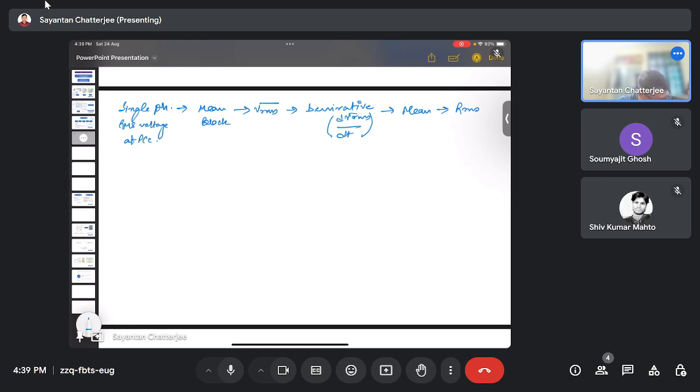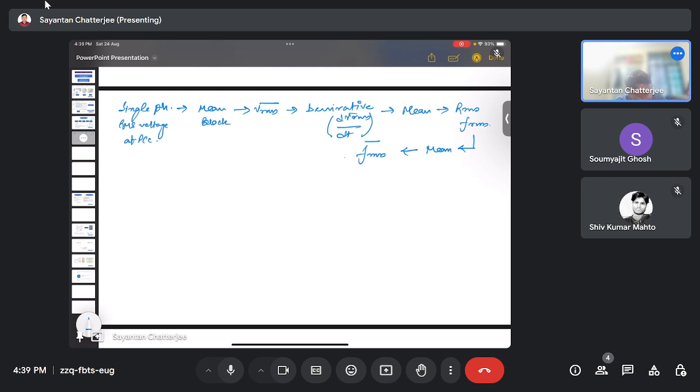So the RMS value, frequency RMS, and after that we again find the mean, so that leads to FRMS mean.